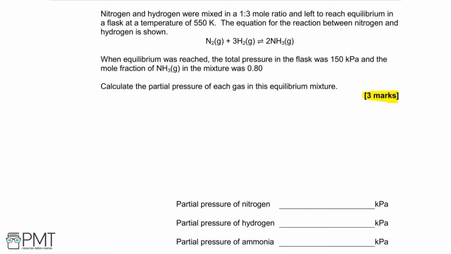Now, to start this question, we need to know how to calculate partial pressure. The partial pressure of a gas is equal to the total pressure multiplied by the mole fraction of that gas.